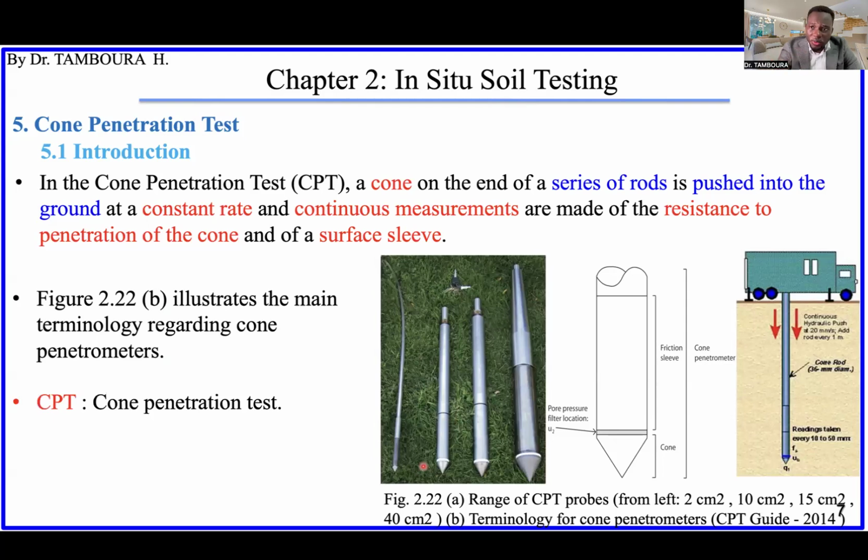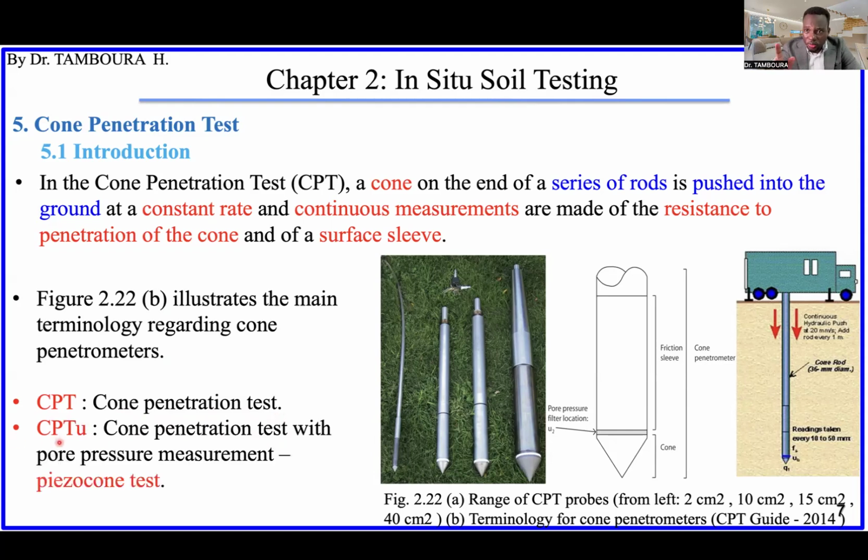So we have CPT, which is the cone penetration test, and we have CPTU, which is this case. CPTU is when the cone penetration test also allows us to get the pore water pressure. We measure both. In that case, we talk about the piezocone test. This is the one that is mostly used now.